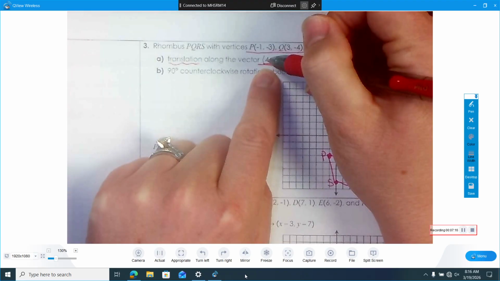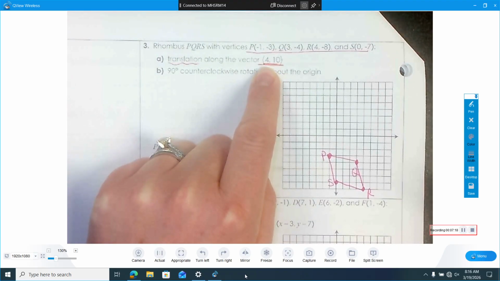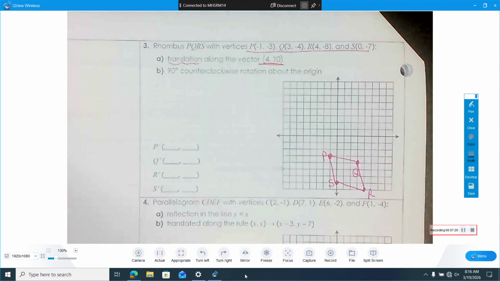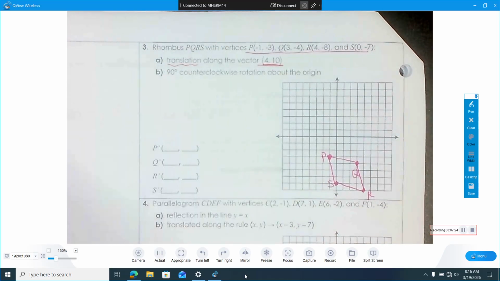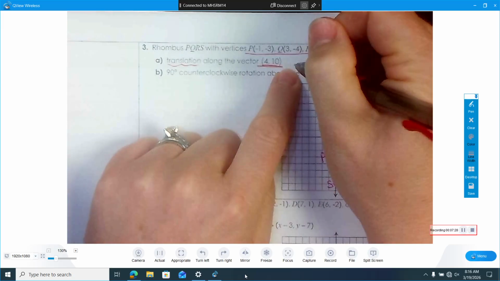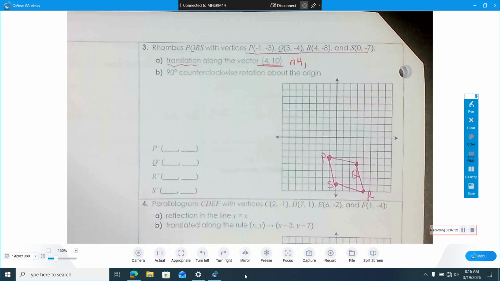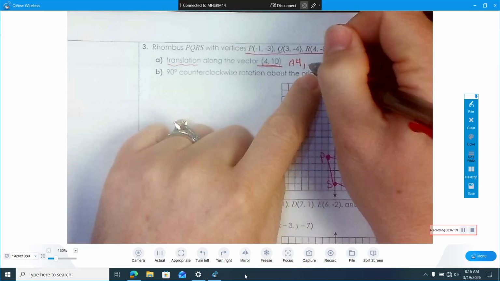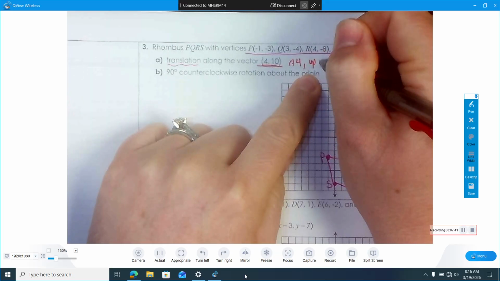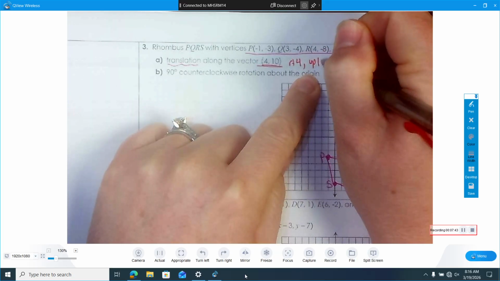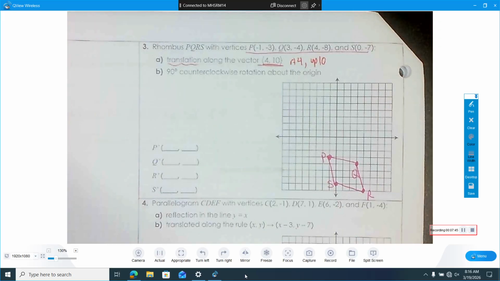So this 4 is saying, hey, you're in the X position, so we want to move in the X direction. So this is a left and right movement. It's a 4. Do you suppose that tells you to go to the right or to the left? Yeah, you go right 4, and then 10 is in the Y position. The Y-axis goes up and down. Do you suppose 10 is telling you to go up or down? Up, absolutely.